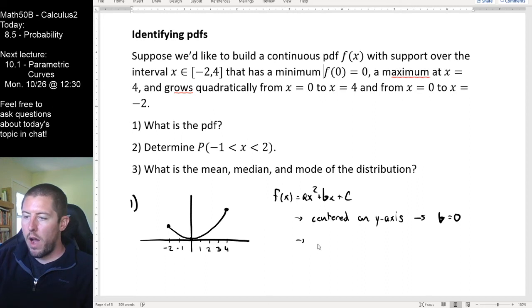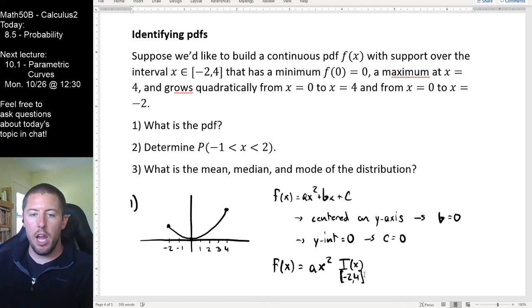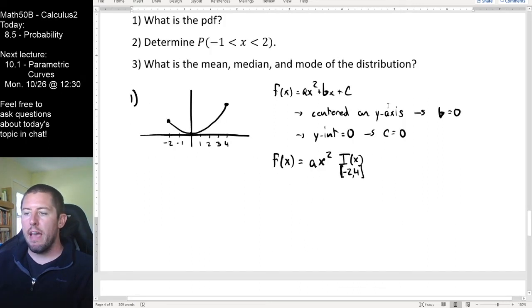And the fact that our y-intercept is 0 is going to tell me that c is equal to 0. So whatever my probability distribution function is, it should be ax squared, and that should only be defined over the interval from -2 to 4. So I know what my PDF is. It's ax squared, whatever a is, but it's only supported from -2 to 4.